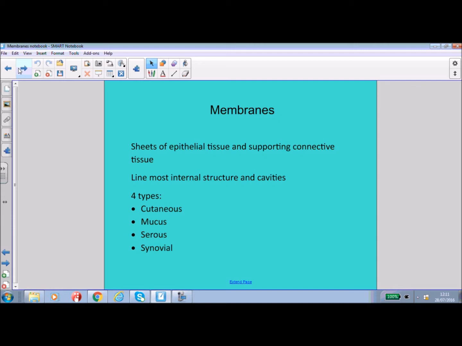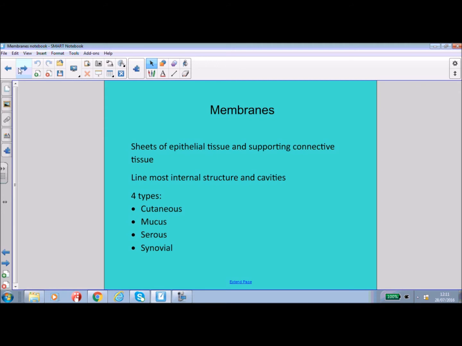Now, if the epithelium is not performing any kind of function other than protection, then it doesn't particularly need a blood supply. However, if it's producing something, some kind of secretion, then it does need nourishment. And that's why the submucosa, or the connective tissue that forms part of a membrane, is so important, because it provides that nourishment from the blood supply that the epithelium can't get itself.